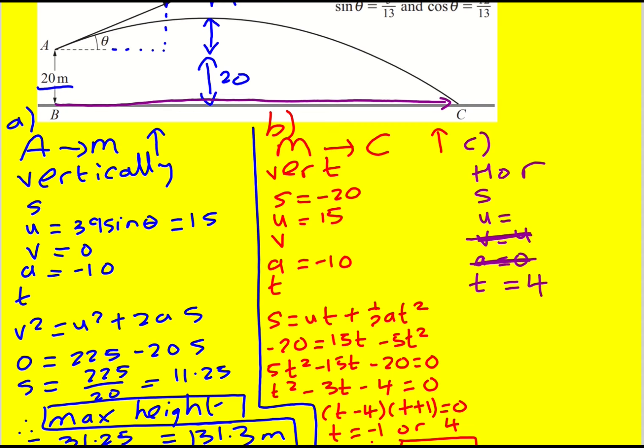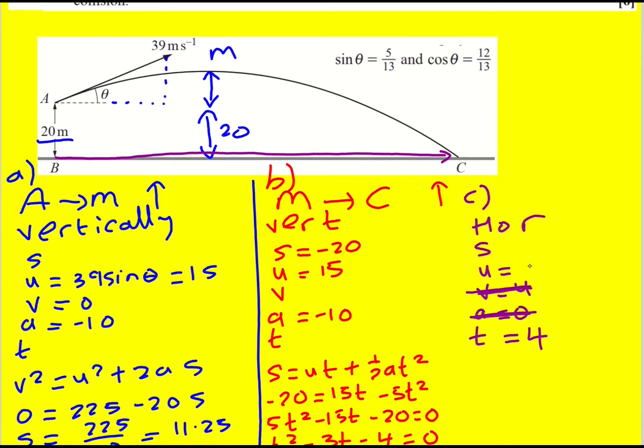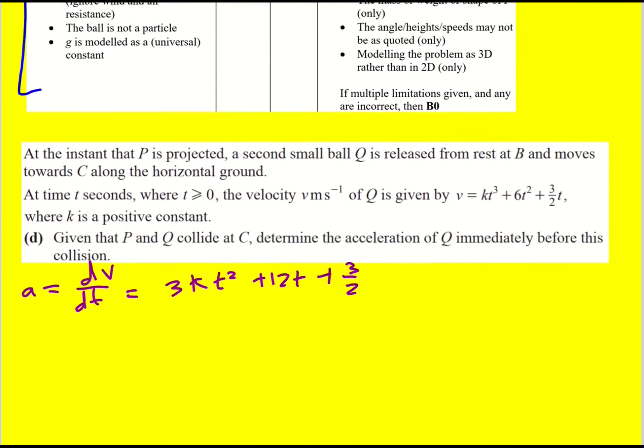The initial u is going to be 39 cos theta. Cos theta is 12/13, so divide by 13 again to get 3. It's going to be 36. Then I can just use s equals ut. There's no half at squared because a is 0. 36 times 4 is 144. So both particles have traveled 144 meters in 4 seconds.